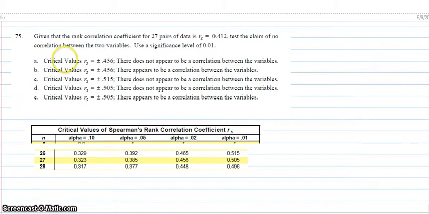Okay, it's asking us to test the claim of no correlation between the two variables. So let's write our hypotheses down. H of 0, our null, is going to be rho equals 0.